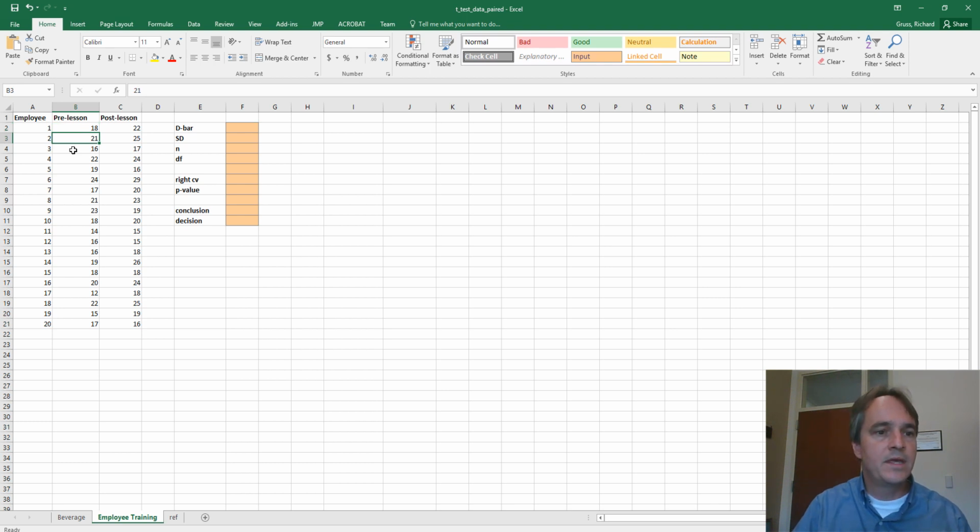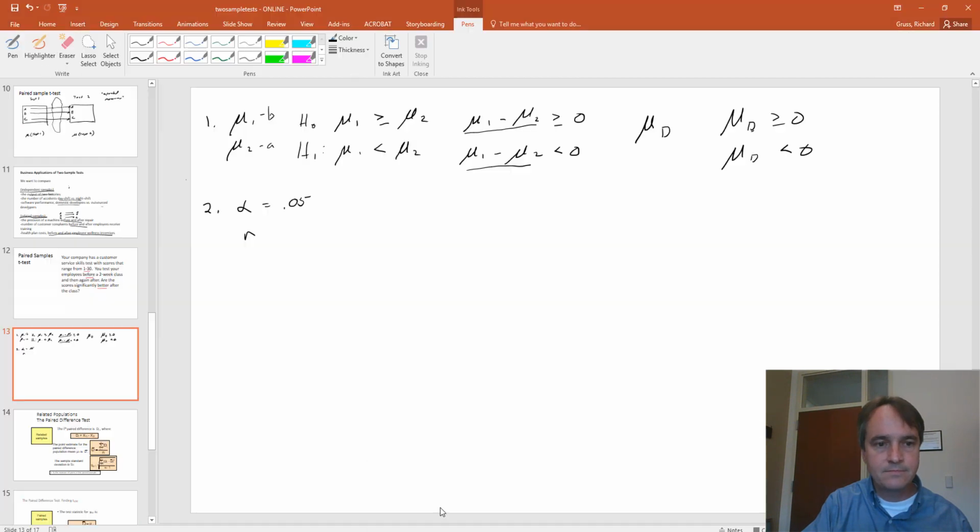Now in this case, we do have two different tests, but because we treat each row as a particular employee, we're going to say our sample size here is 20. We have a reading before and after, but our sample size is equal to 20. So n is equal to 20.